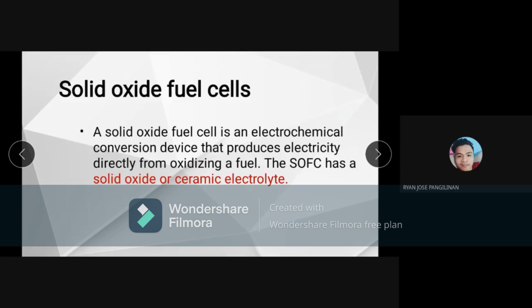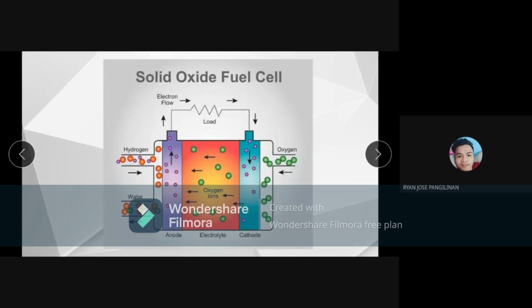Next is the solid oxide fuel cells. A solid oxide fuel cell is an electrochemical conversion device that produces electricity directly from oxidizing a fuel. The SOFC has a solid oxide or ceramic electrolyte. This is the schematic diagram of the solid oxide fuel cell.